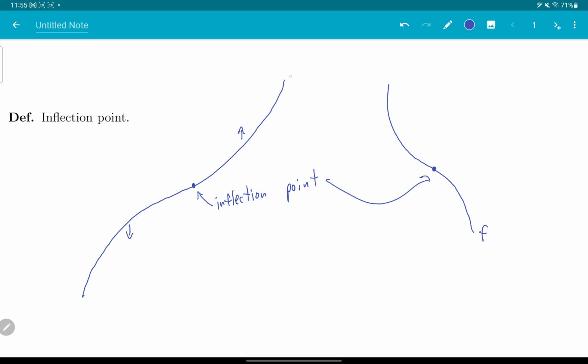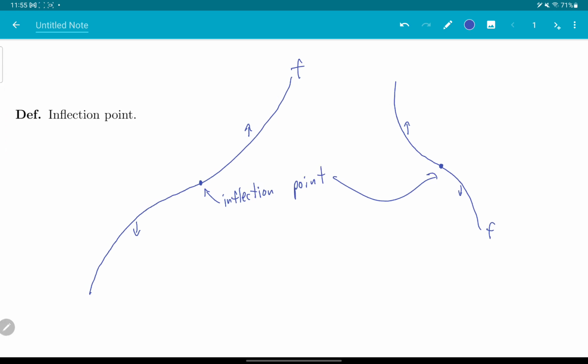This is my function f. So here you have concave up. You see the cup is facing up. And then you have concave down. So an inflection point.